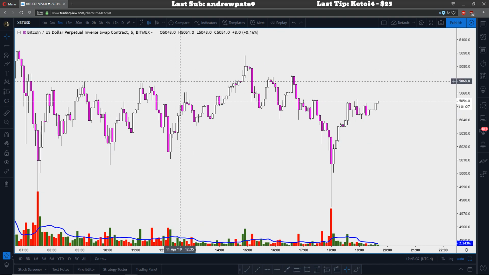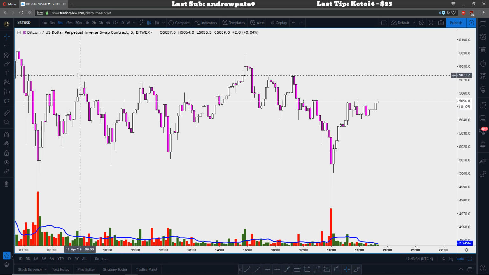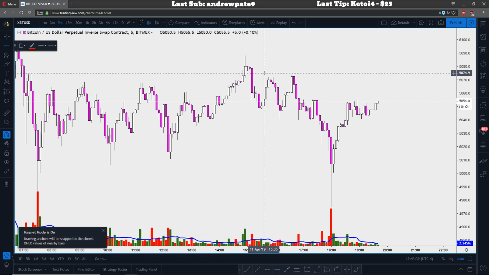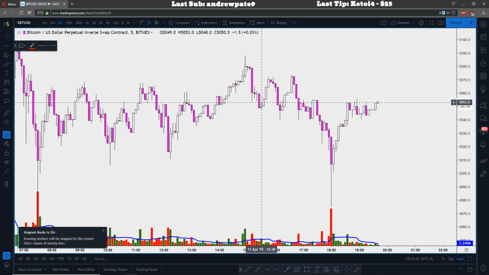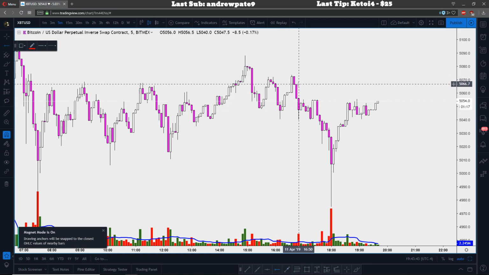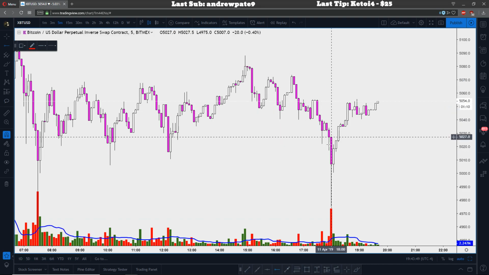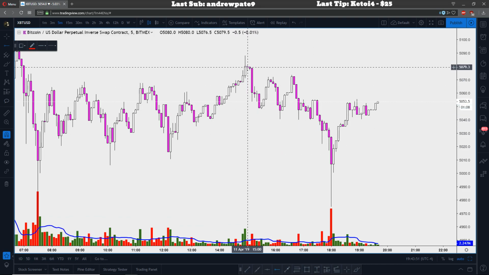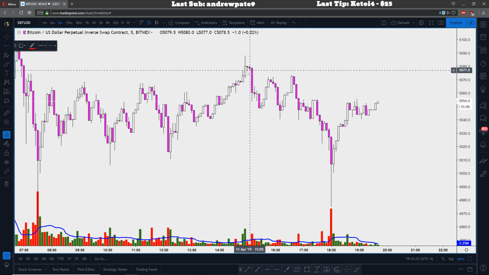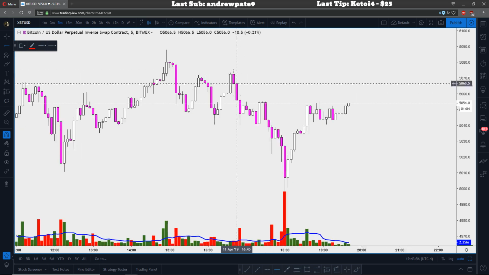So what we're going to be looking for here, let me grab my magnet mode. We have our impulse move down here. This corrects into a new low. So we're going to look for the origin of this move. The origin of this move is these dojis right here. We have a hanging man doji and just a regular doji.